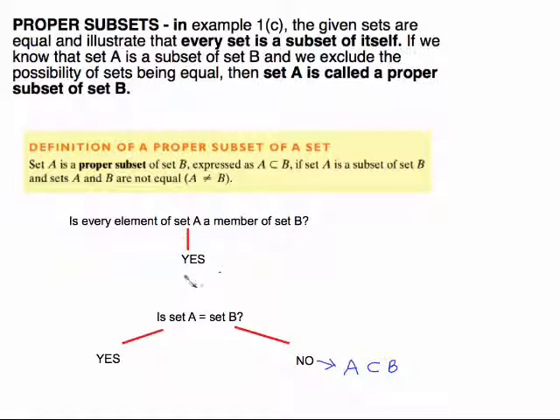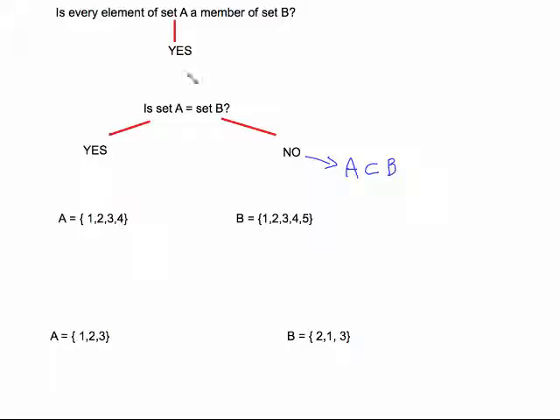If the answer to that question is yes, then you can definitely say A is a subset of B. Furthermore, to answer this proper subset question, you have to ask this: is set A equal to set B? If set A is equal to set B, you go no further. If set A is not equal to set B, then you may conclude that A is a proper subset of B. Let's look at some examples to help clear this up.